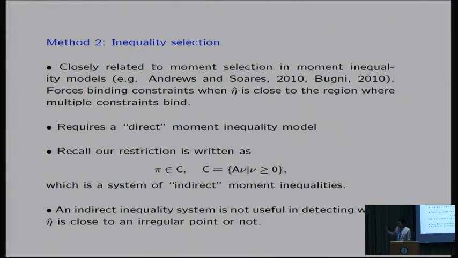But the only thing which is a little bit difficult here is that, as you might recall, our restriction is that the observed pi is sitting in this cone C. So that's what I call indirect moment inequalities. In the usual moment inequality literature, you want to have some moments calculated, and you say that has to be non-negative or something. But this expression is a little bit different. It's not quite written in this form.